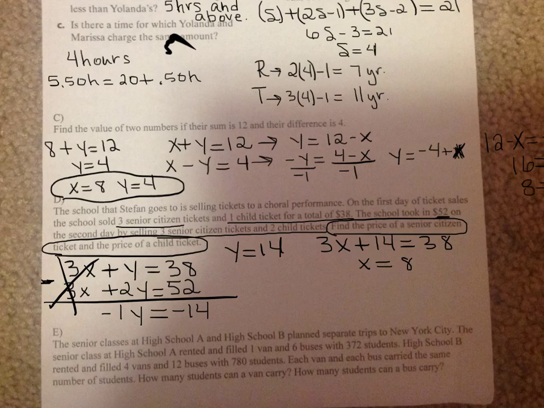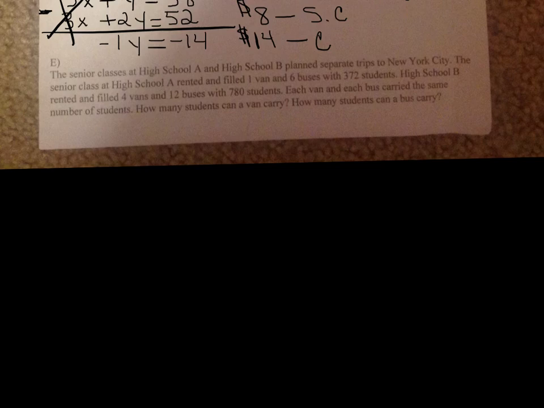So that means that it was $8 for a senior citizen ticket, and then it was $14 for a child's ticket. Okay, guys, last one.